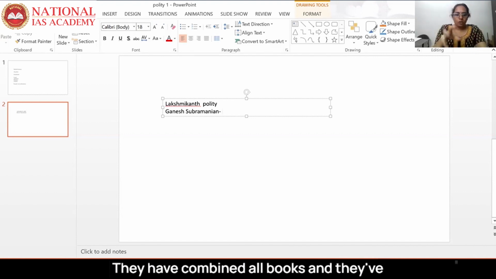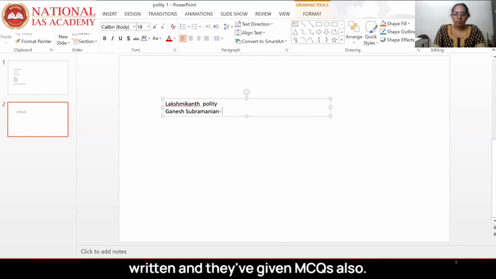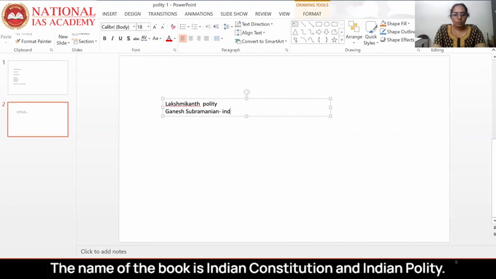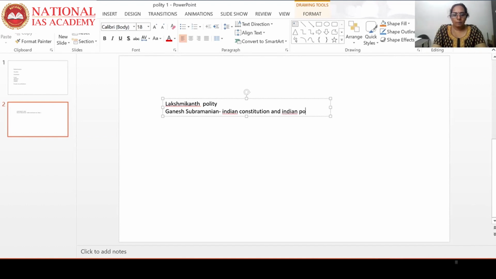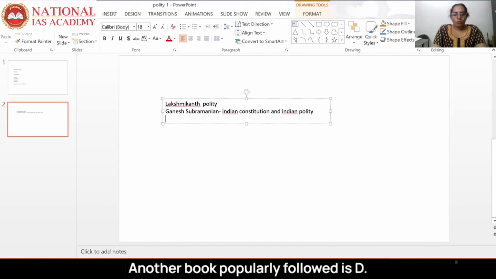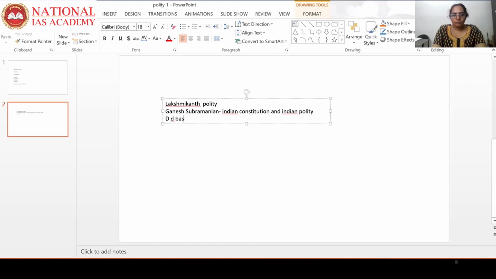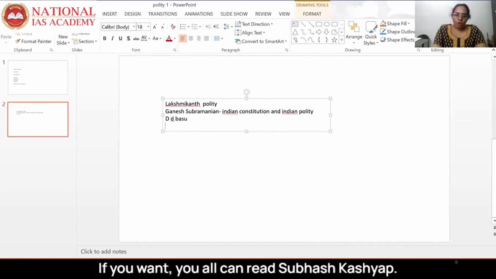They have combined all books and written them, and they've given MCQs also. The name of the book is Indian Constitution and Indian Polity. Another book popularly followed is D.D. Basu. If you want, you can also read Subhash Kashyap.